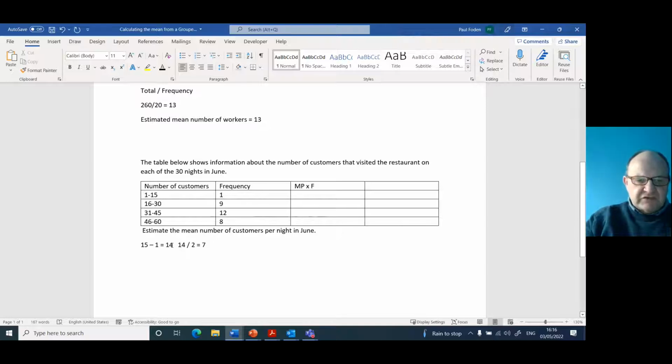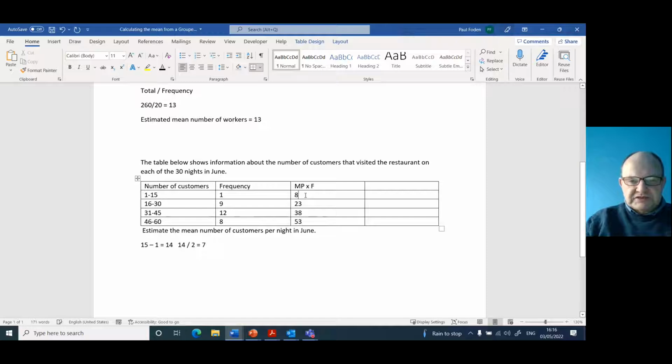If we add 7 onto 1, we get our midpoint of 8. Again, same distance of 7, so we add 7 onto 16 and get 23. Notice that's 15 more. I add 7 onto 31, we get 38, and 7 onto 46, I will get 53.